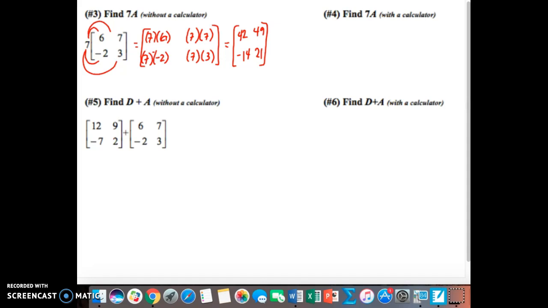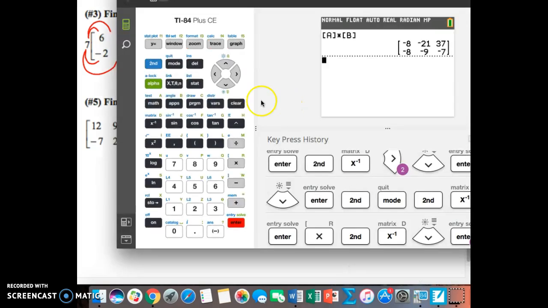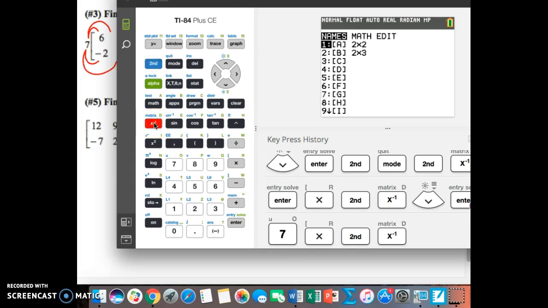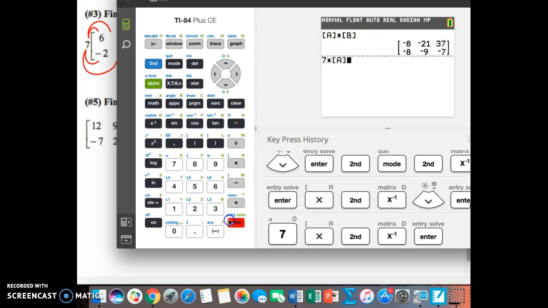If we wanted to use a calculator to find this, we can pull back out our calculator, and we need to get our matrix back up again. So I'm going to click 7 times, go to second inverse function until we find A. Since we're already hovering over matrix A, we can go ahead and click enter.